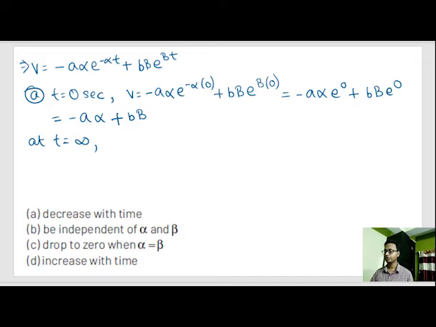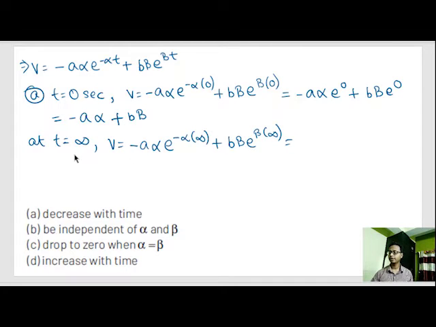V is equals to minus a alpha e to the power minus alpha into infinity plus b beta e to the power beta into infinity. Okay, now this term e to the power minus alpha into infinity.